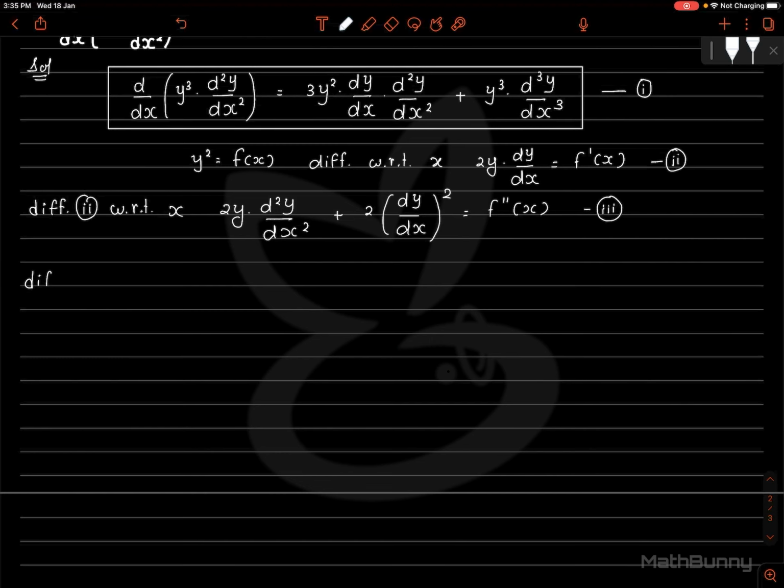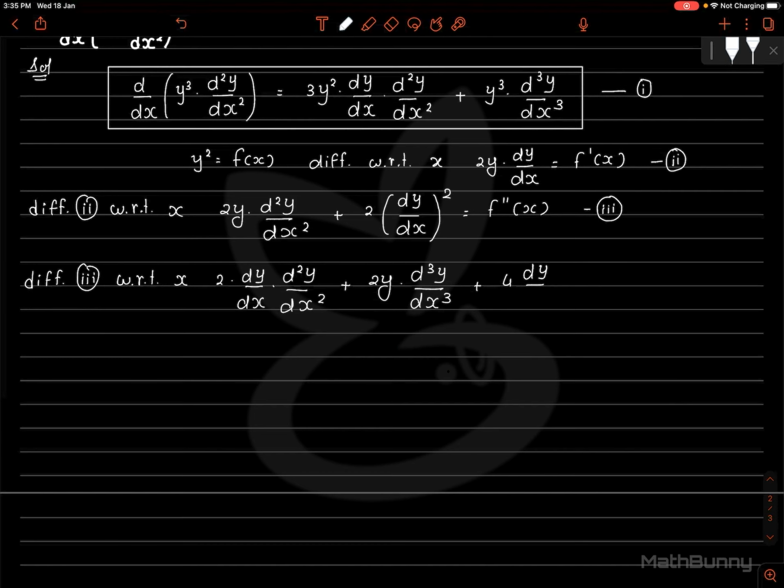So differentiating 3 with respect to x, again the chain rule will apply. 2 into dy upon dx into d square y upon dx square plus 2y into d cube y upon dx cube plus 4 dy by dx into d square y upon dx square.